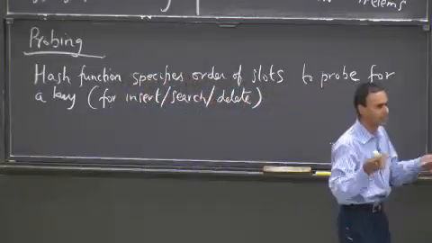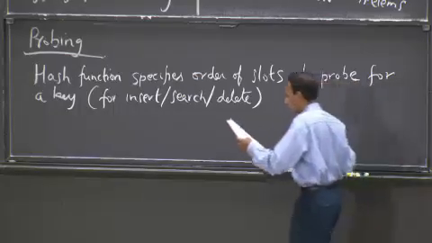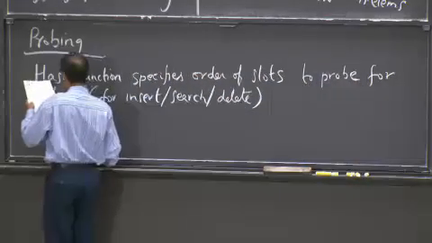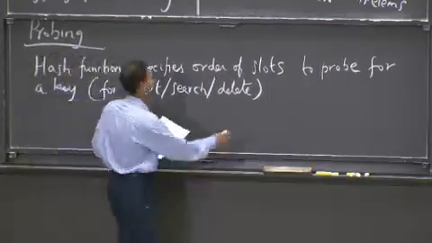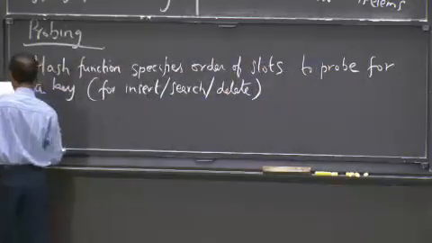All right? Just like they were different for the chaining hash table, they're different here, but they're kind of more different here. And you'll see what I mean when we go through this. And this is not just for one slot. It's going to specify an order of slots.